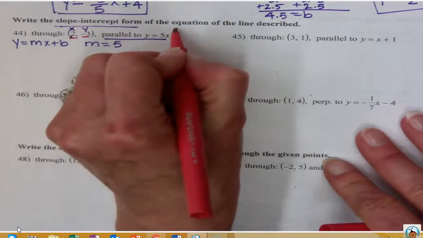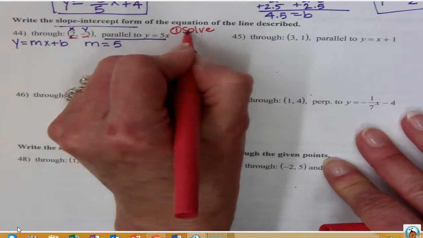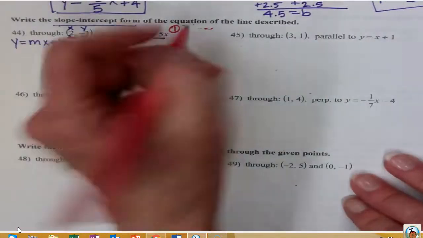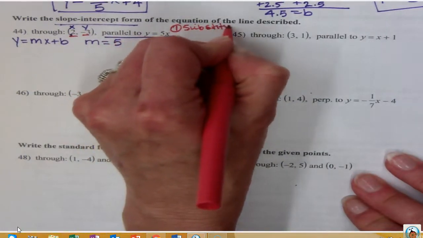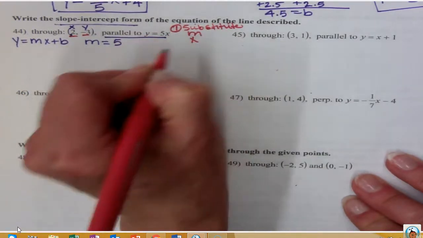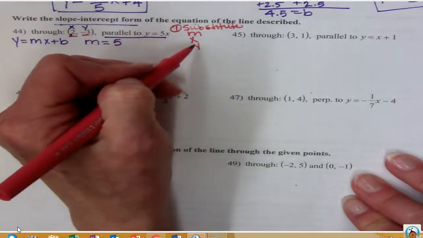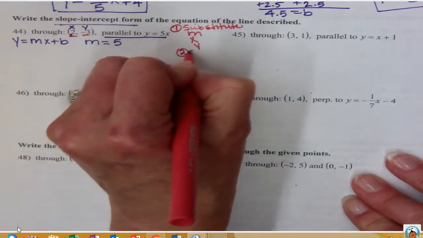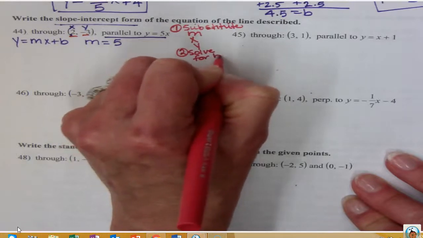So our first step would be to substitute our slope, put in our x value, and put in our y value. We need to put in the values that we are familiar with. Then our second step is to solve for b.